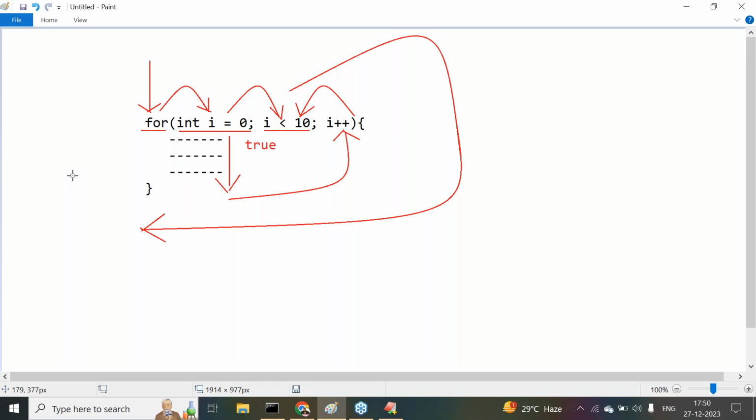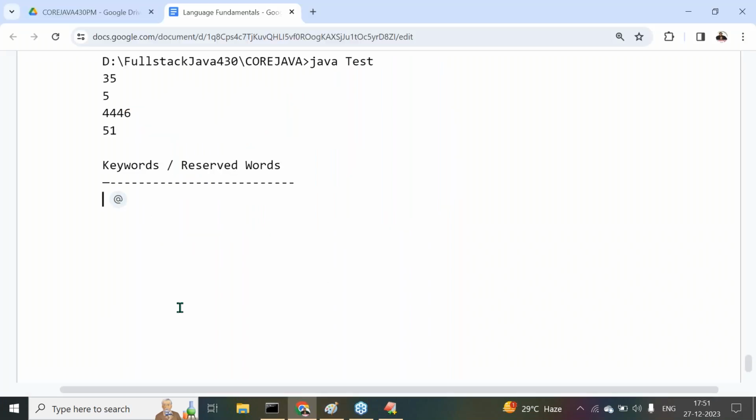If any predefined word has internal functionality, that predefined word is called a keyword. Everybody understand the point clearly? Now I am giving the definition to you. Try to understand it clearly.